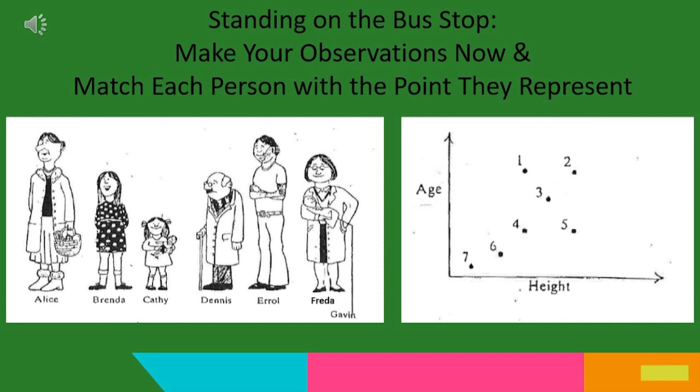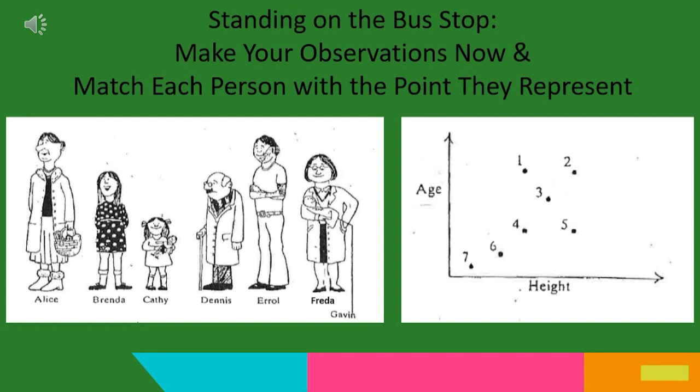Now comes the fun part. Let's take everything that we just learned in lesson 1 and add it to everything that we've just learned here in lesson 2. Remember our 7 people that were standing on the bus stop? We've made a lot of observations as it relates to each of those 7 people, their height, and their age.